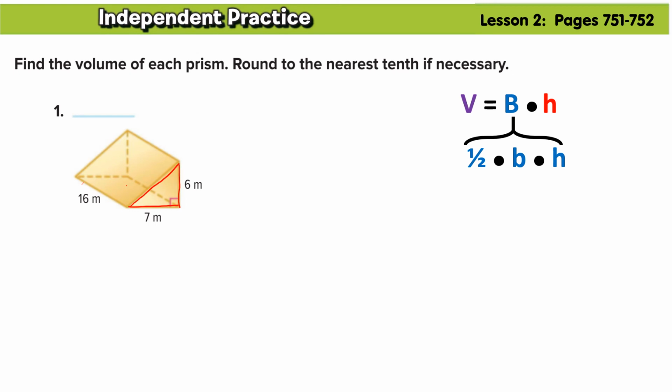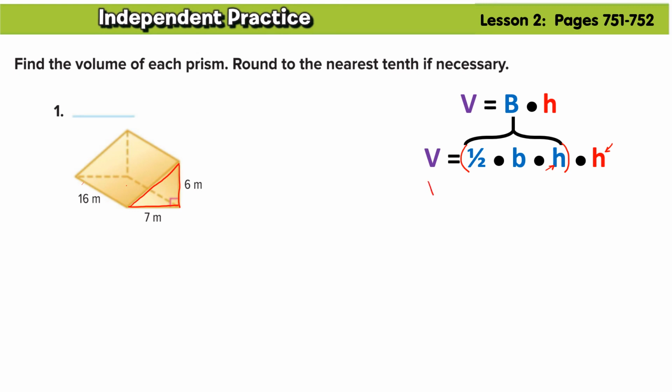Now I'm going to bring down the rest of the formula. What's important to remember though here is that this h right here is the height of the triangle. This h right here is the height of the prism.